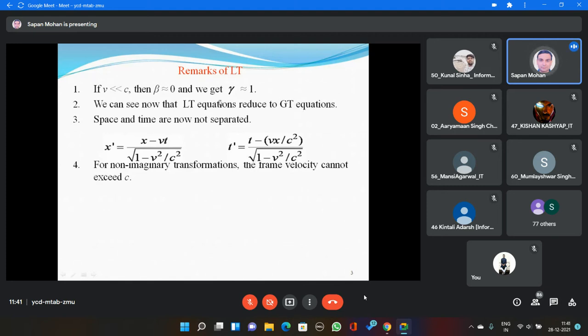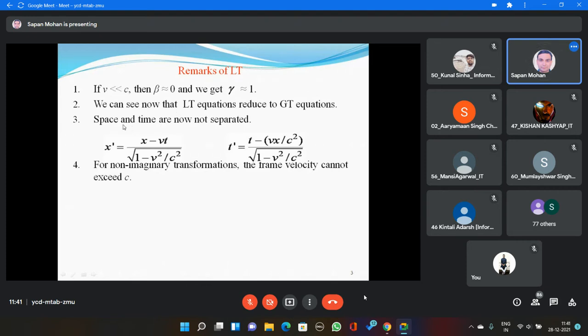At that moment, gamma is almost equal to 1, and our Lorentz transformation reduces to the Galilean transformations. Because in Galilean transformations, we considered classical velocities, not velocities approaching the velocity of light. Clear?